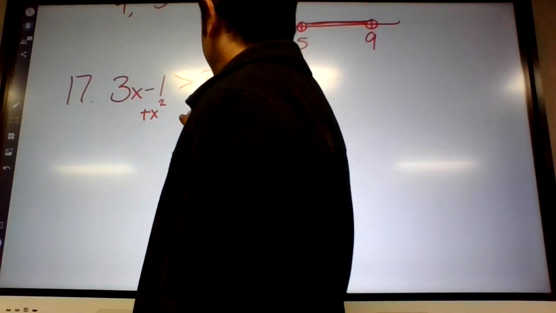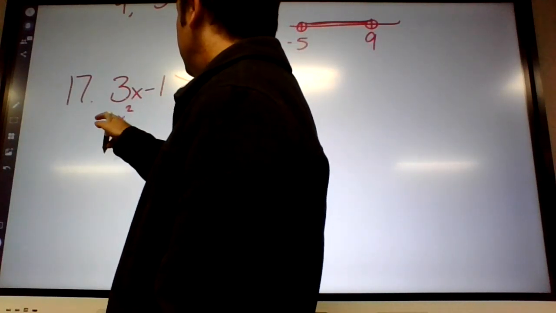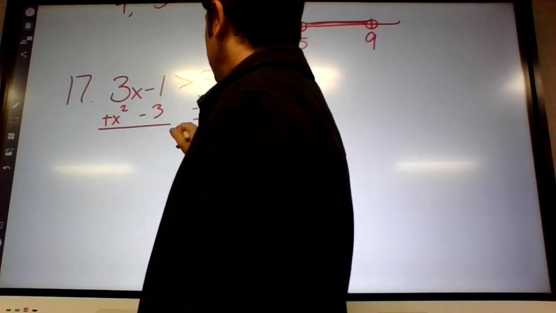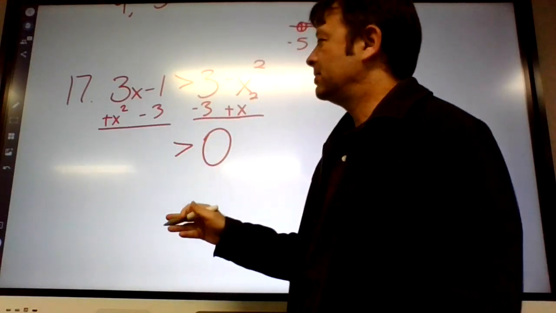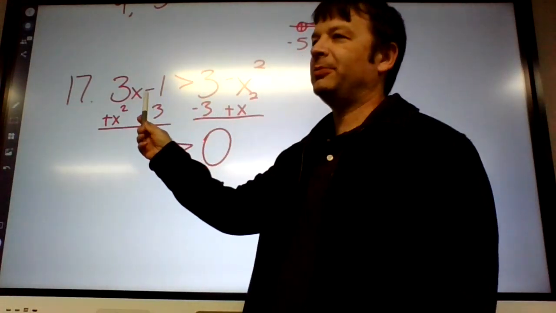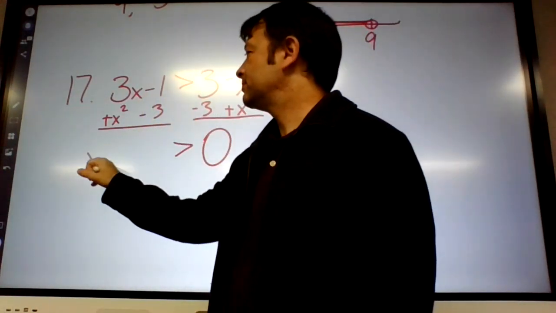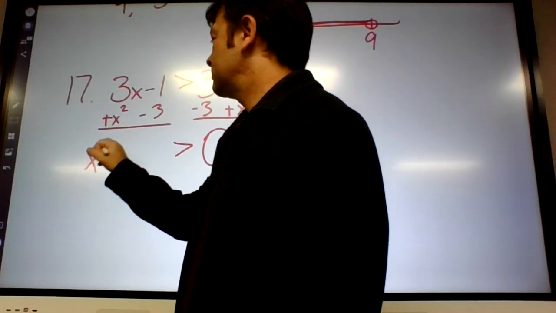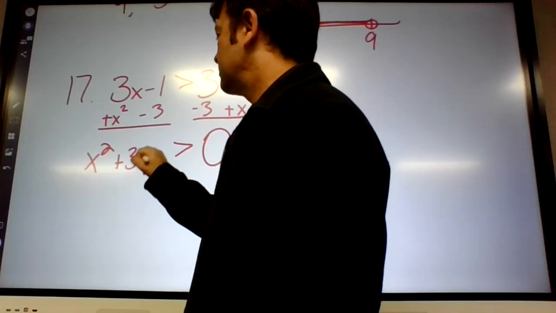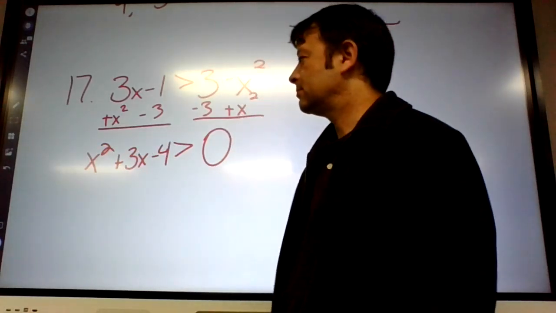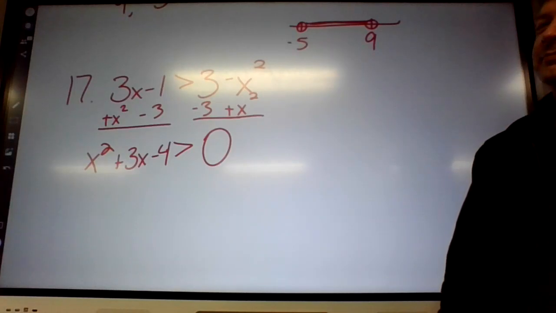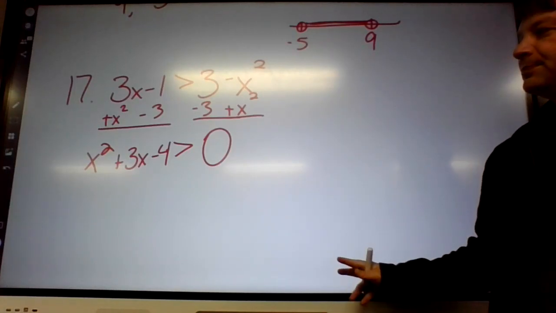But we'd have to subtract the 3. So what's the left side going to become? X squared plus 3x minus 4 is greater than 0.